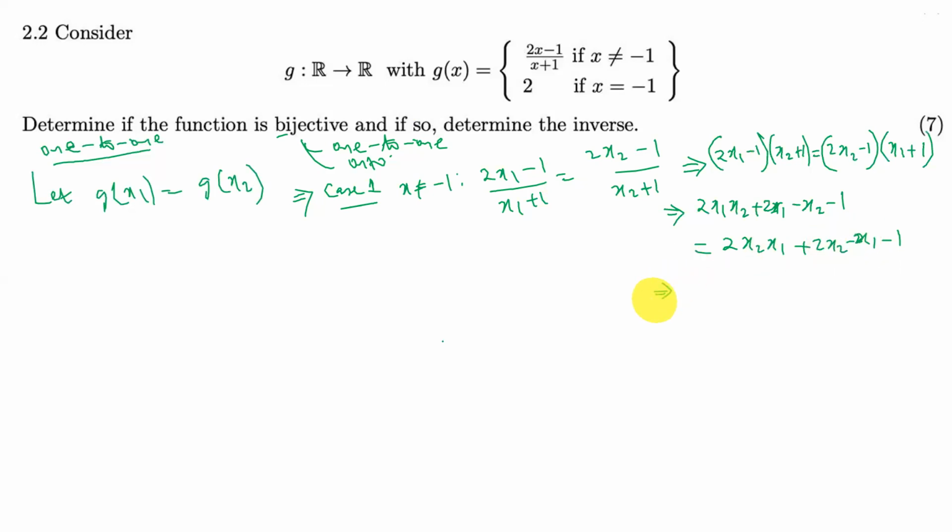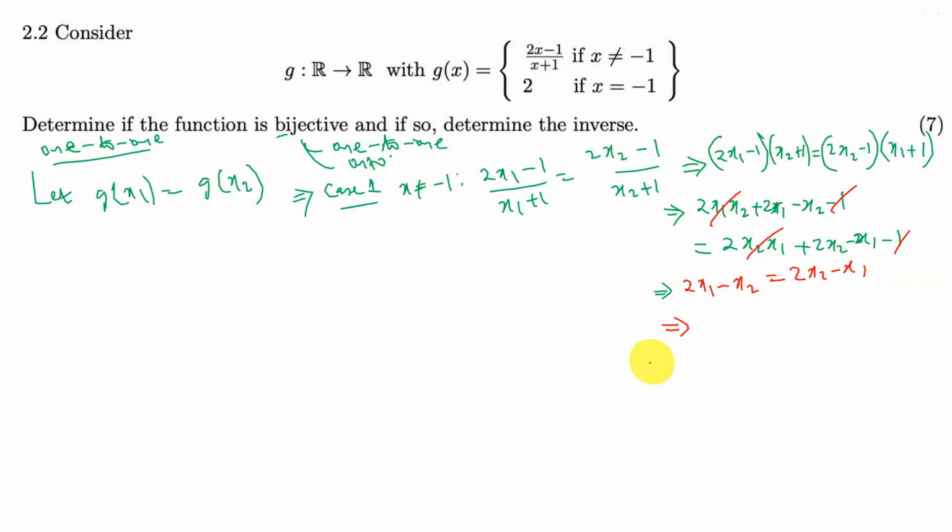Okay, so let's see what you get here. So minus 1 cancels out. The 2x1x2 cancels out. Here what you have, you have 2x1 minus x2. So you have 2x1 minus x2 is equal to 2x2 minus x1.